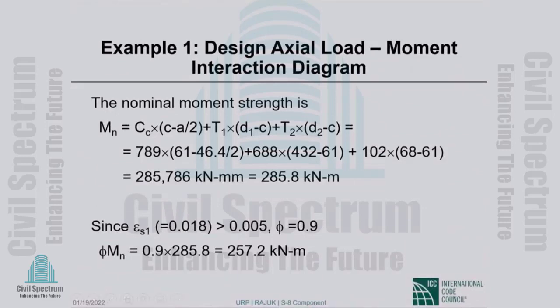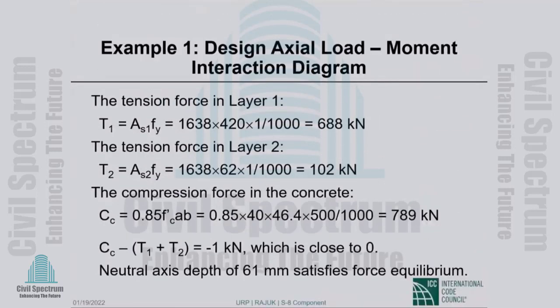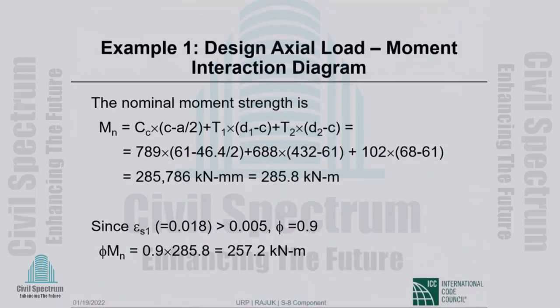So we have found the right neutral axis depth of 61 millimeters. Okay. Now we take moments of the three forces: the compression concrete force, the layer 1 tension, and the layer 2 tension.